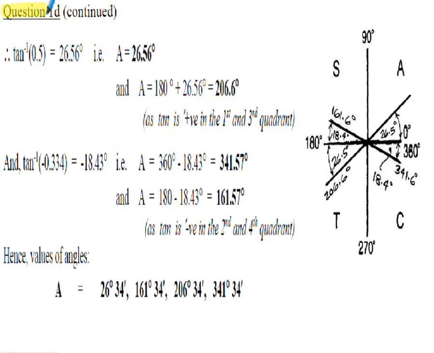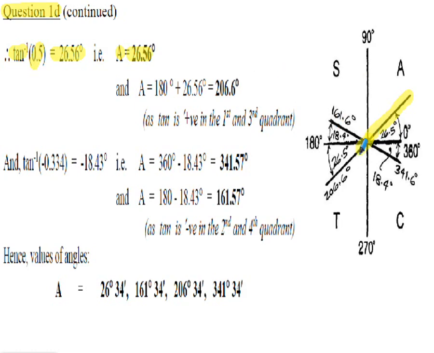Question 1D continued here. We're now going to find the values of A associated with the ratios we found on the previous slide. For the ratio of 0.5, tan to the minus 1 gives us the 26.56 angle, so A is 26.56 degrees, and that's a valid angle for the function here, because in the first quadrant, don't forget, all waveforms are positive.